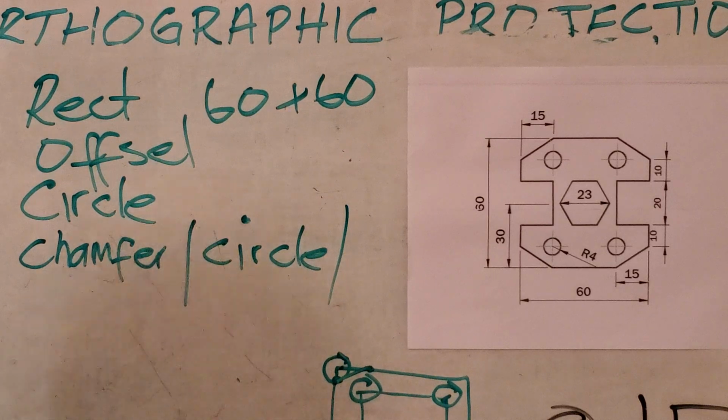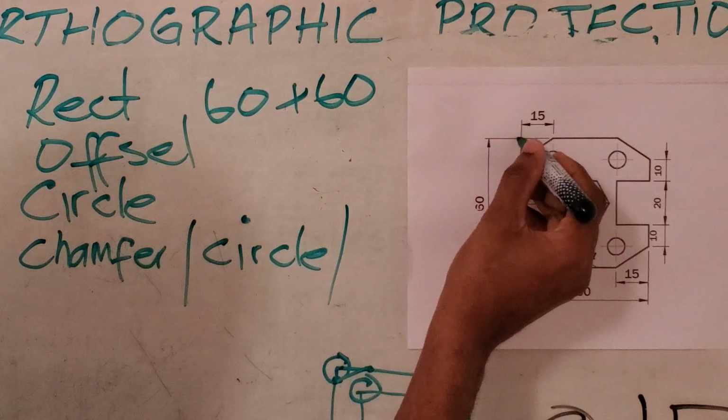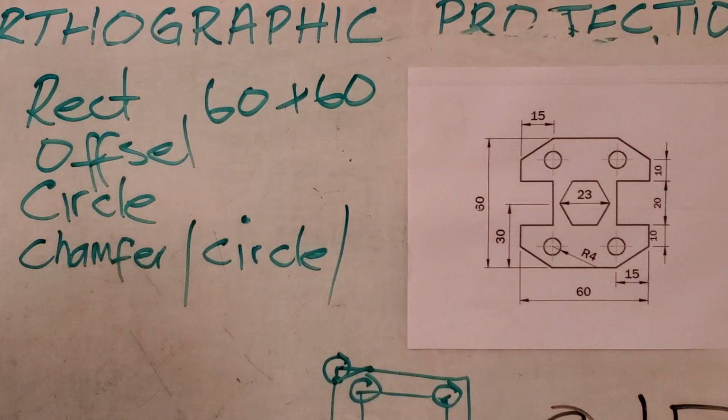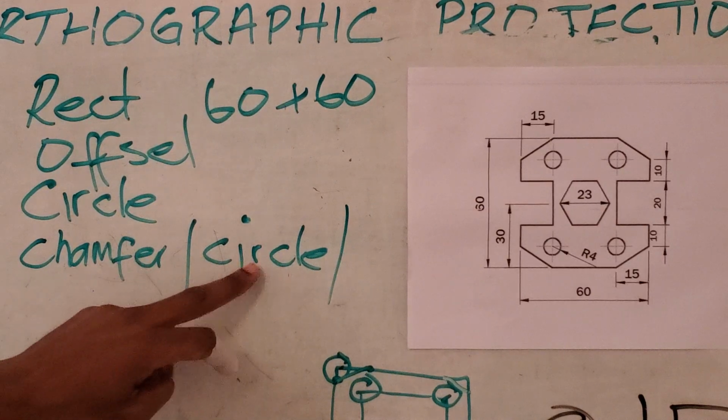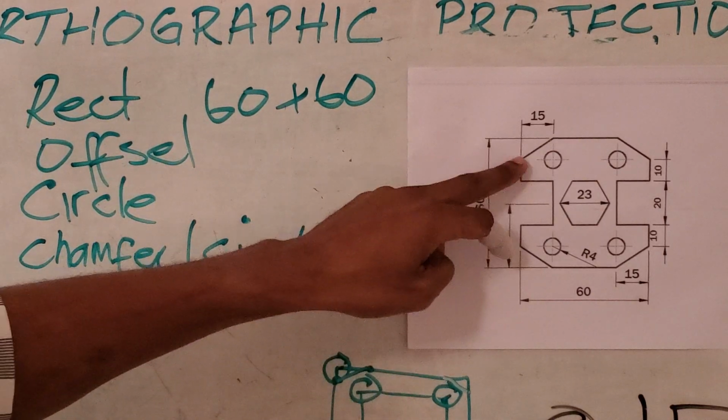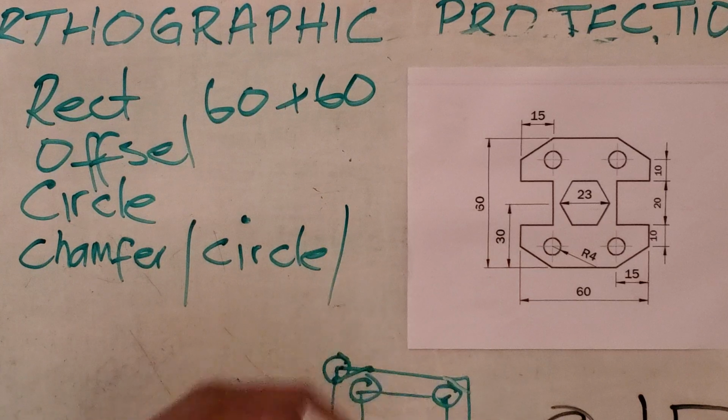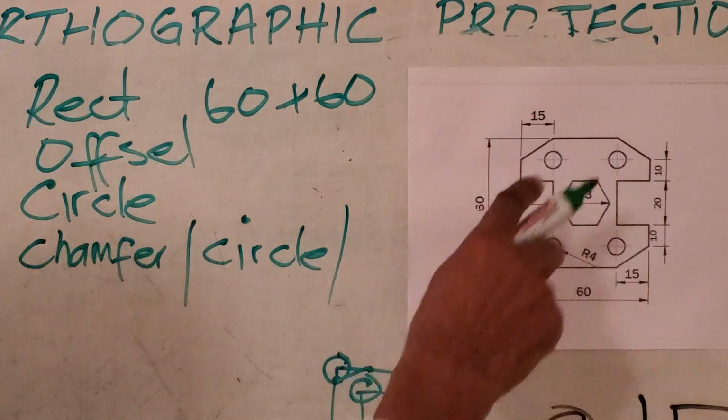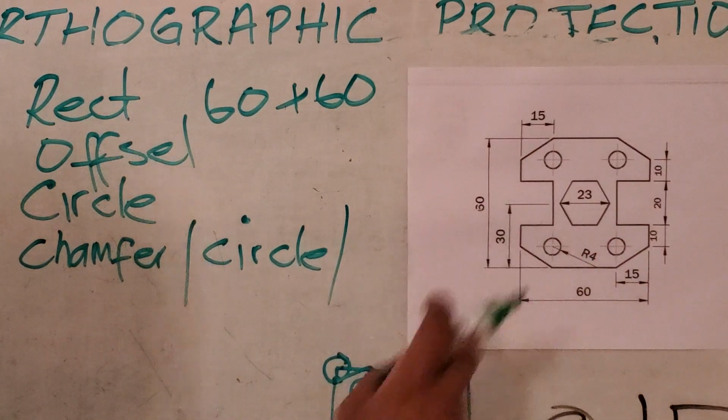Remember, we use circle to transfer or just mark off distance. So you could use chamfer, circle, or object snap tracking to mark off these points, to get these chamfers here.